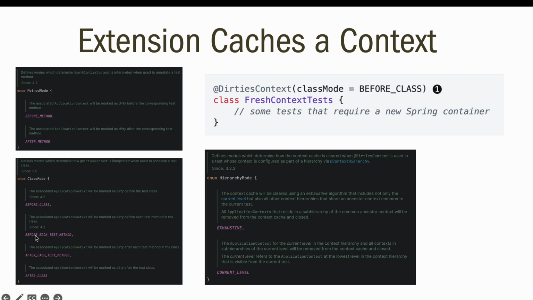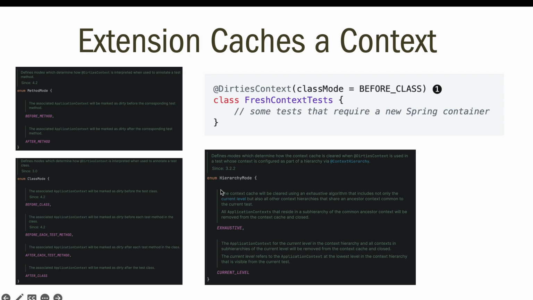Then we have BEFORE_EACH_TEST_METHOD, which means the associated application context will be marked as dirty before each test method in the class. AFTER_EACH_TEST_METHOD means after each test method, it will be marked as dirty. Then we have AFTER_CLASS: the associated application context will be marked as dirty after the test class.